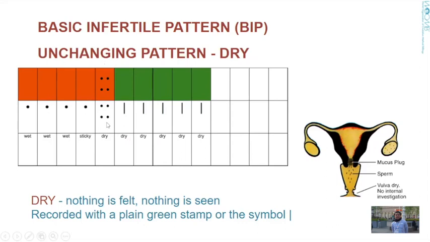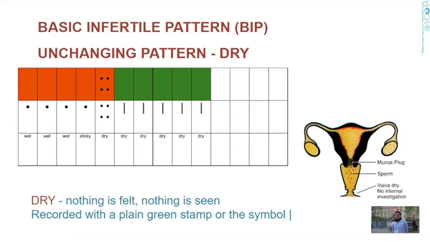But the next one, there is a dry spotting. The 4 dots there signify spotting. If the spotting is dry, it is no longer menstrual bleeding. It is the beginning of the BIP. So the basic infertile pattern begins the moment there is already a sensation of dry after menstruation.